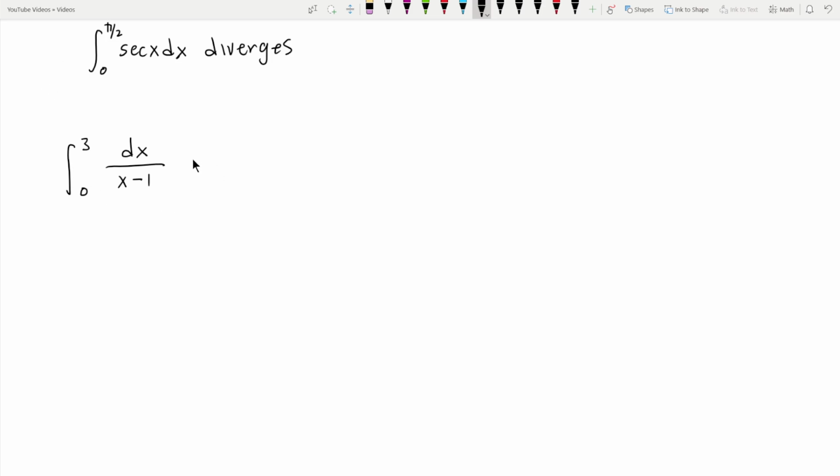So this function, f of x equals 1 over x minus 1, is undefined at x equals 1.